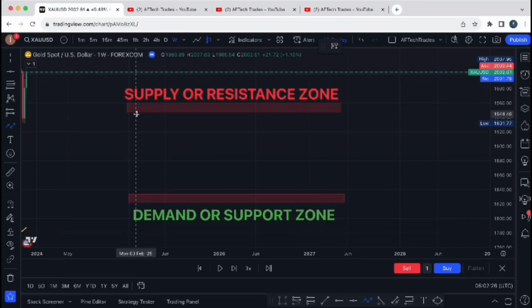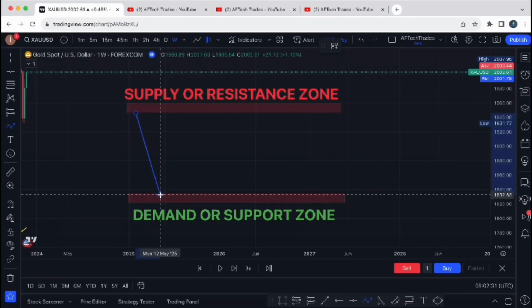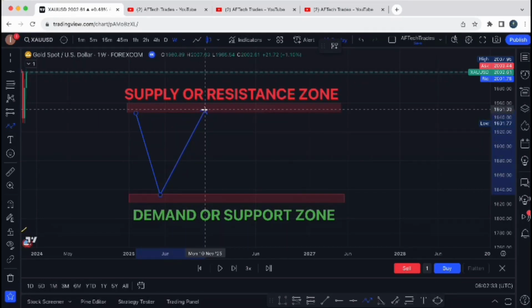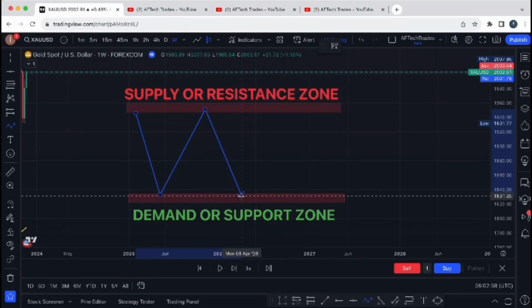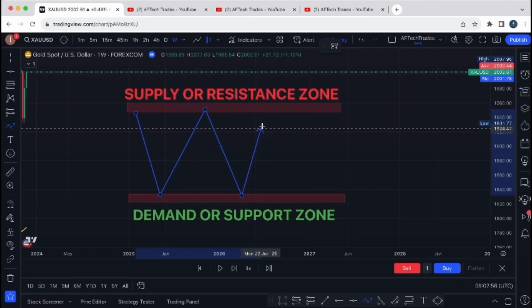So let's say the market starts here on our supply zone, comes down to our demand zone, moves up to our supply zone, comes down to our demand zone. Once the market comes to our demand zone, it means the sellers are out of the market, so the buyers will come into the market to take it to our supply zone.